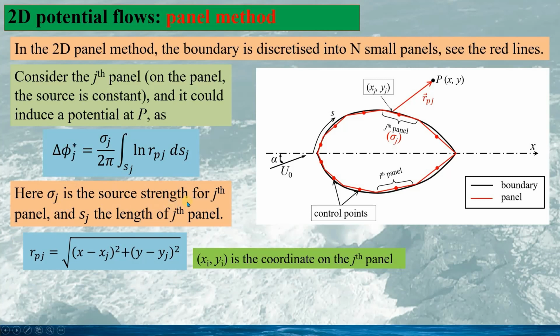Here, sigma j is the source strength for the jth panel, and it is constant along the panel, and Sj is the length of the jth panel. Rpj is the distance from the source to the field point. Xi, yi is the coordinate on the jth panel.